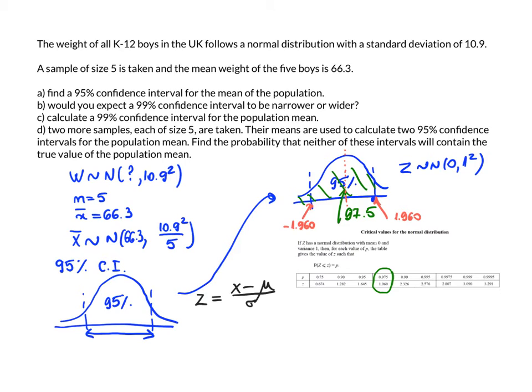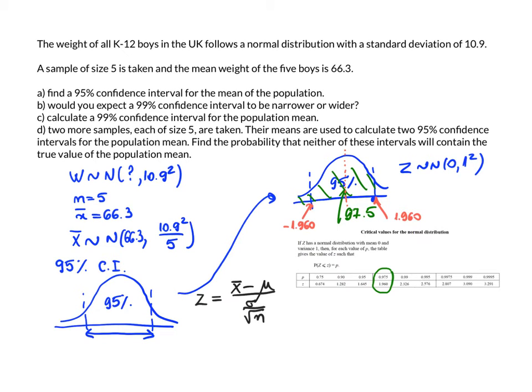But don't forget that I have some notation. Sigma in my question is the standard deviation of the initial population. However, I need to move on this curve. Therefore, I'm going to use x bar, and I'm going to use sigma over square root of n, because this is the standard deviation of my sampling distribution of the mean, the distribution where this statistic is.